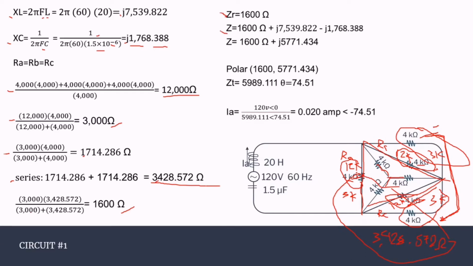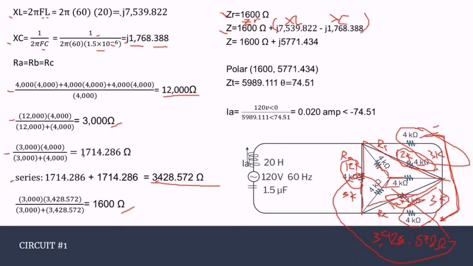To compute for Z, we're going to need our ZR plus XL minus XC. First, we're going to subtract XC from XL.